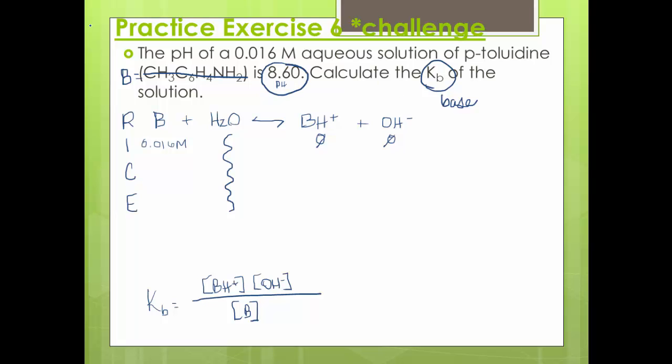If I think about this off to the side, if I know the pH, I could go from there to the pOH, and I could go from there to the OH concentration. Well, look at that. The OH concentration would be this spot in the rice table, okay? So we're going to do some side calculations over here. If the pH is 8.60, I know that the pOH is 14 minus that.